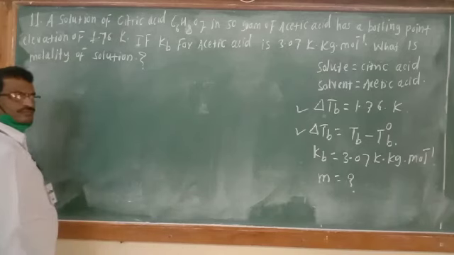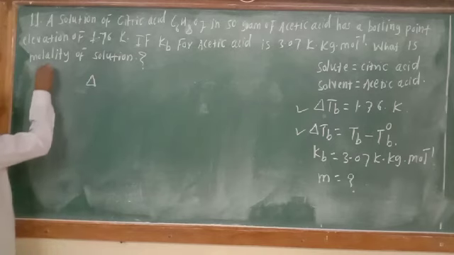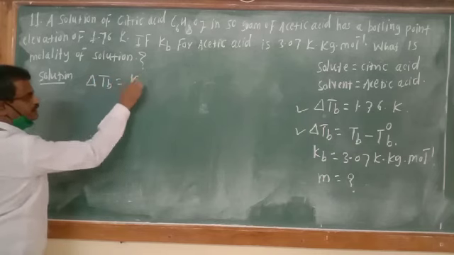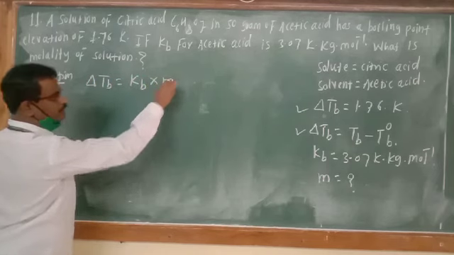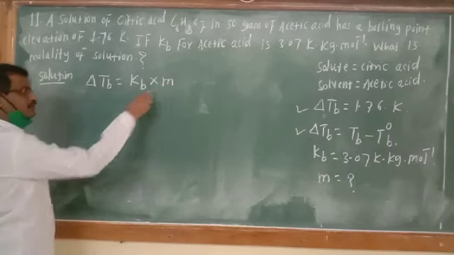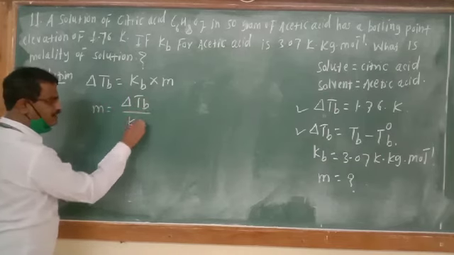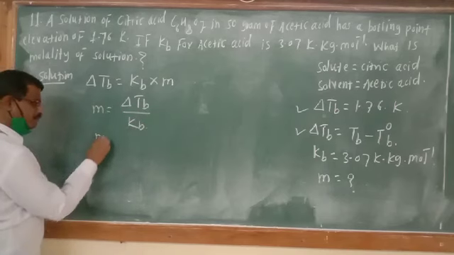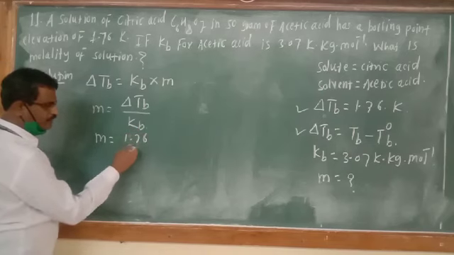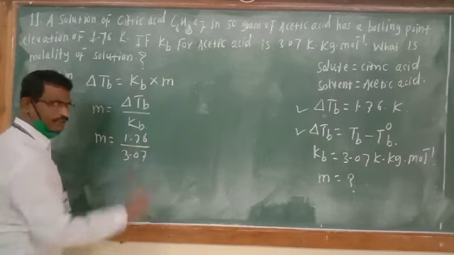For elevation of boiling point, we know this relation. For a solution of this problem, directly we know the equation delta TB is equal to Kb into m. Therefore, what will be the equation for m? M will be equal to delta TB divided by Kb. So m is equal to delta TB, 1.76, divided by Kb, molar elevation constant, 3.07.